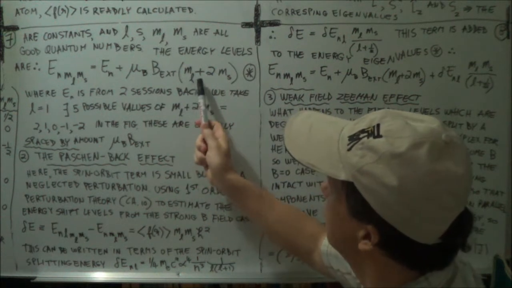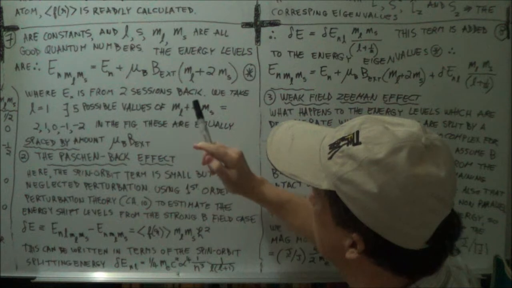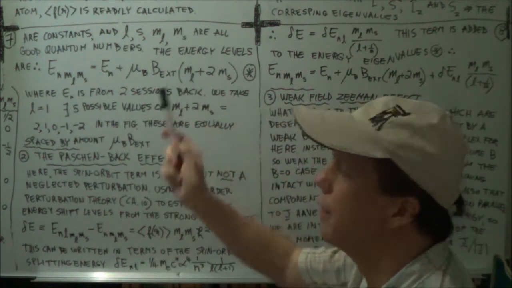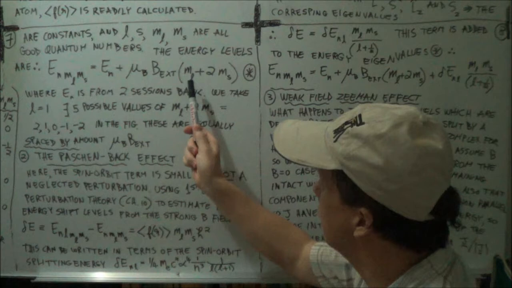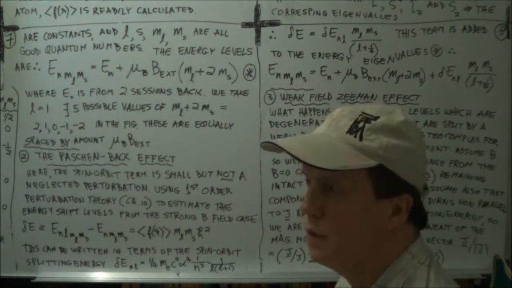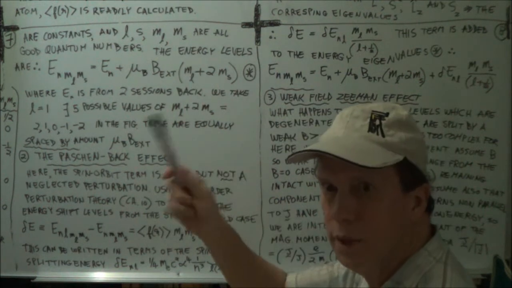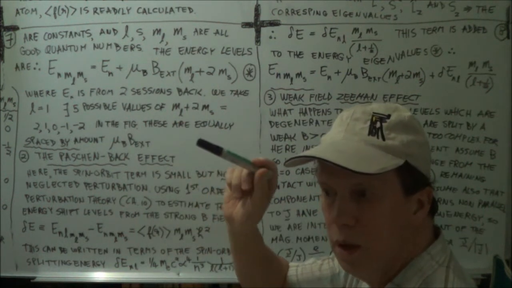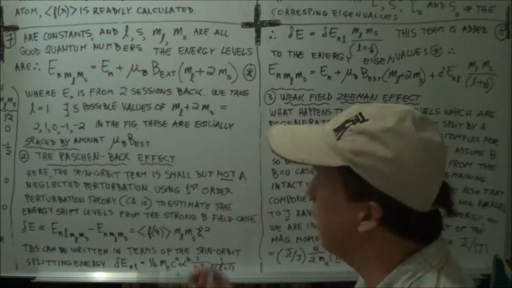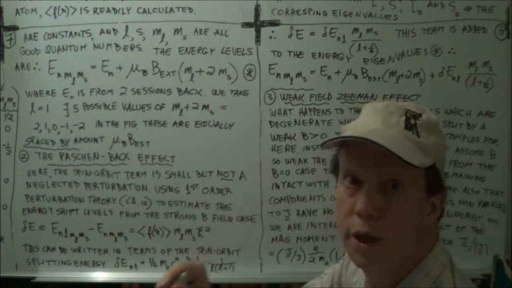So if L is 1, M_L, remember, is the component of the orbital angular momentum L along the z-axis. So M_L can range between L and minus L, so between 1 and minus 1. So 1, 0, minus 1. The possible values of this are plus 1, 0, minus 1.